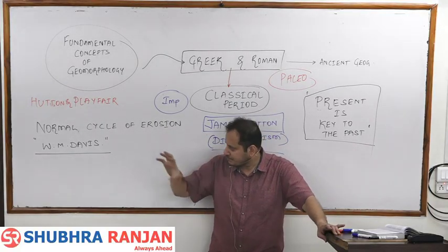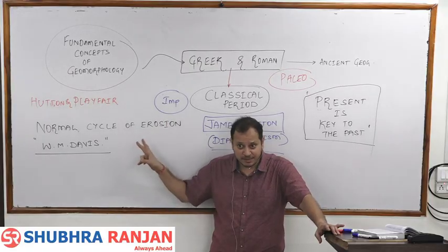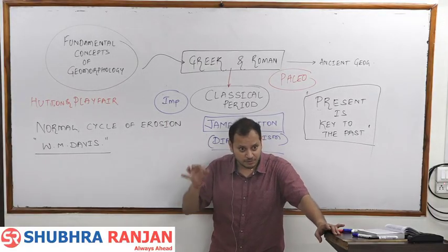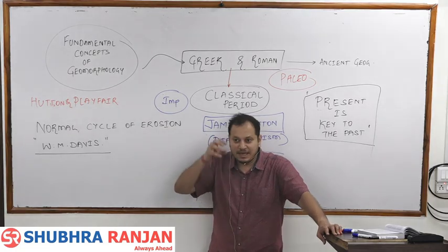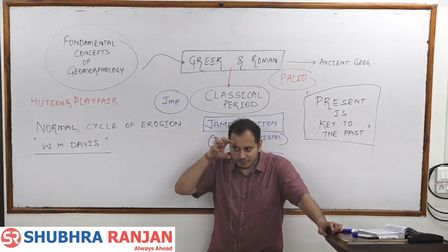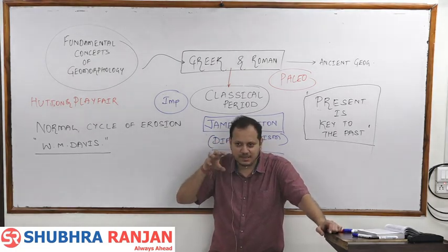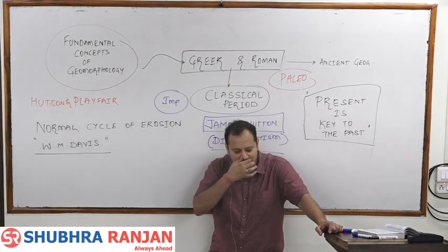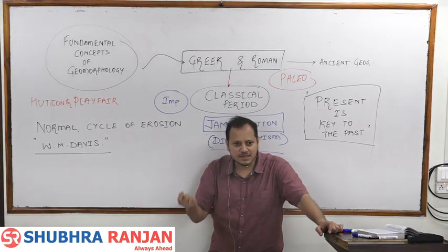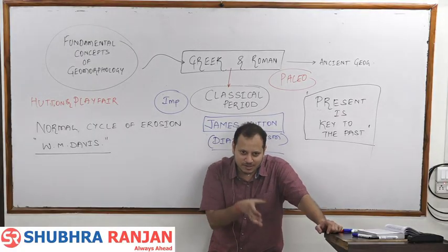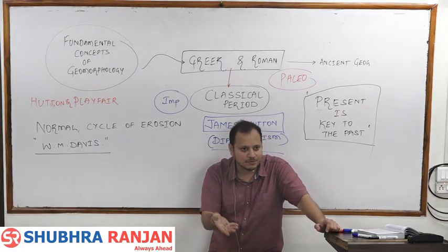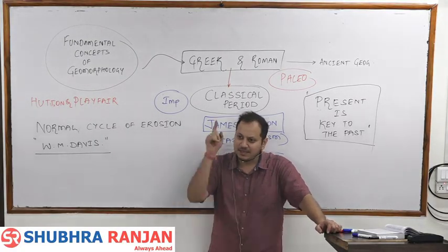So what was the watershed event that occurred? The principle of uniformitarianism. Then over the period, geography developed, and in the 1940s there was a crisis in geography. The crisis was: what is the need of geography when there is geology? Geology is also studying the earth and geographers are also claiming to do the same thing.